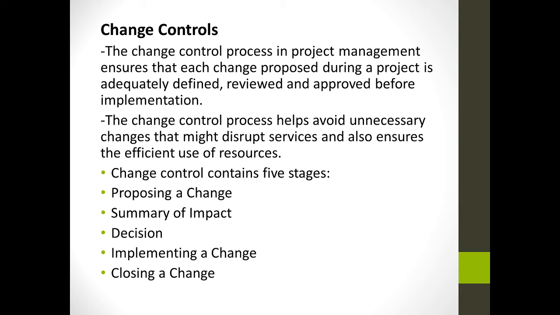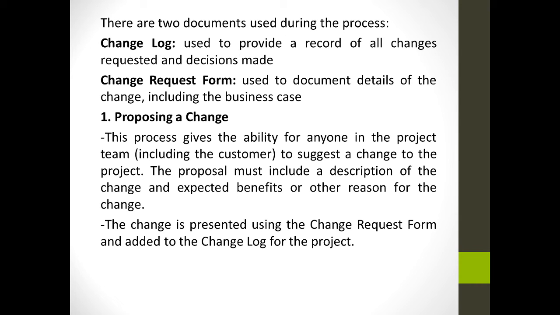The change control process helps avoid unnecessary changes that might disrupt services and also ensures the efficient use of resources. Change control contains 5 stages: proposing a change, summary of impact, decision, implementing a change, and closing a change.